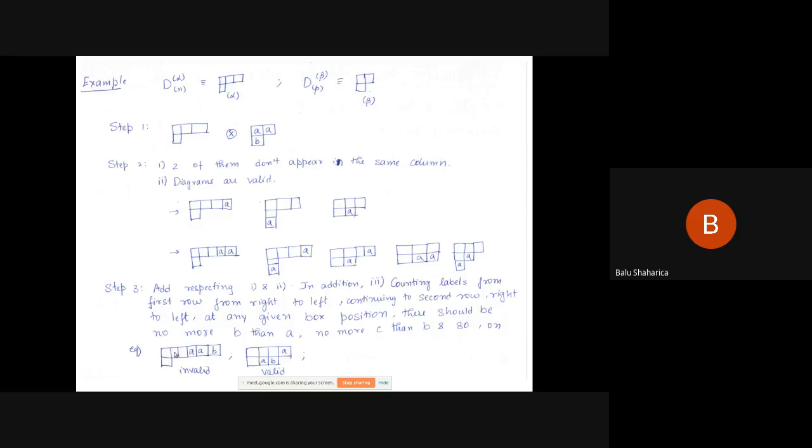At any position in the box, the number of B's should not exceed the number of A's, and the number of C's should not exceed the number of B's, and so on.